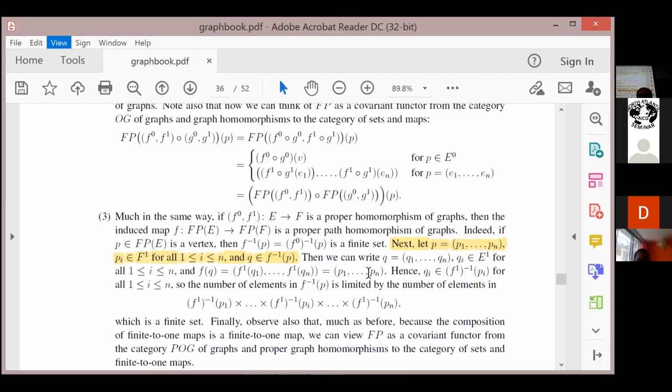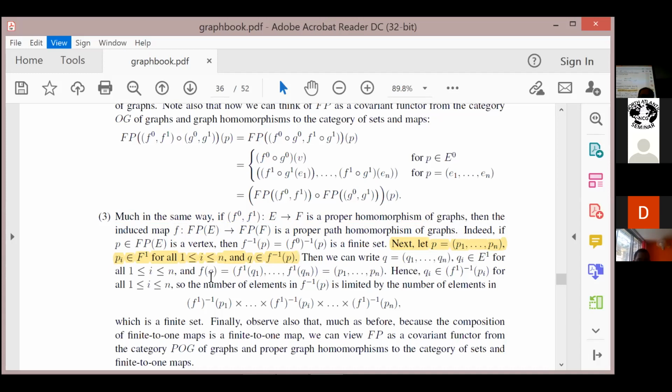We just want to show that there are finitely many such Qs. Remember, by the remarks that we made earlier, this is a graph homomorphism, so it preserves the lengths of paths. Because F of Q equals P and P is of length n, we have no choice: Q is also of length n. So we can write it as a sequence of compatible edges from Q1 to Qn.